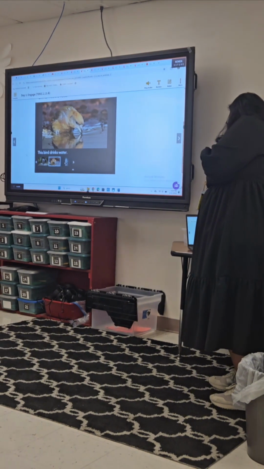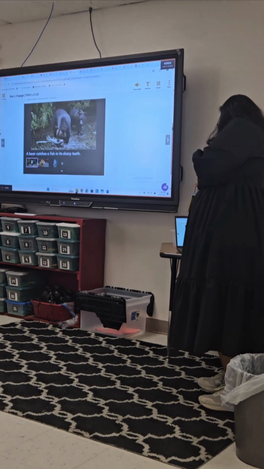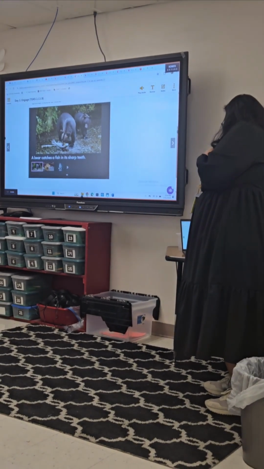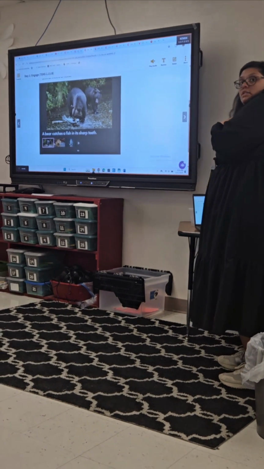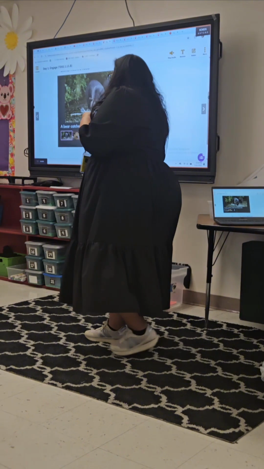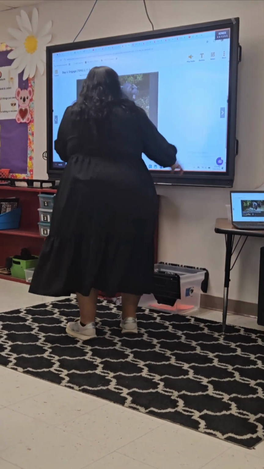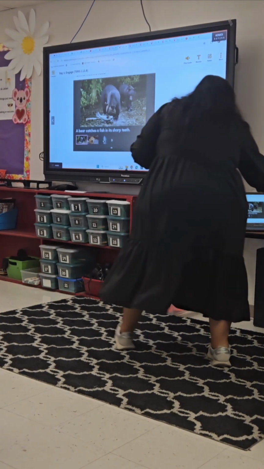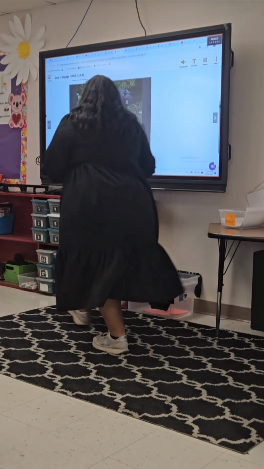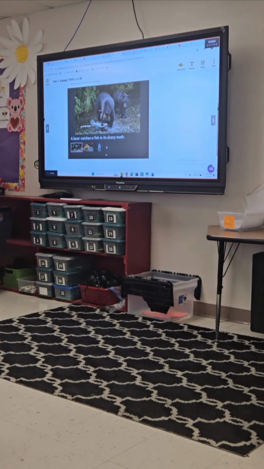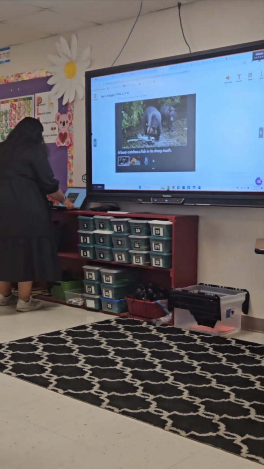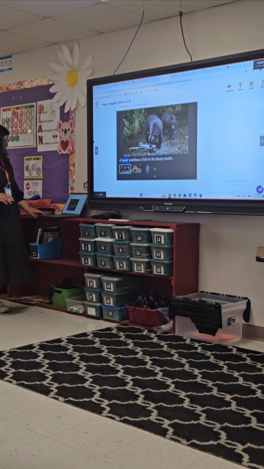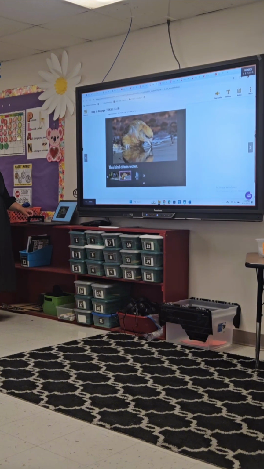If we look at these pictures, we can see that a bear catches a fish in its sharp teeth. So it uses its sharp teeth as its structure. A bird drinks water.